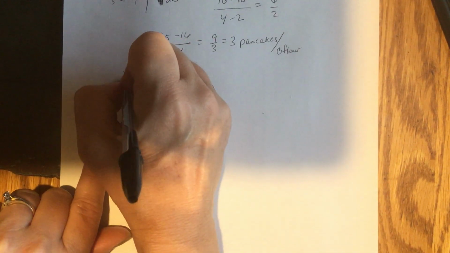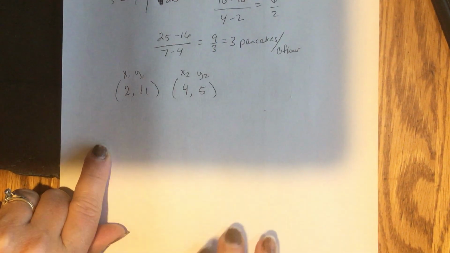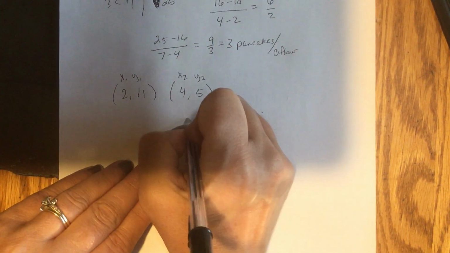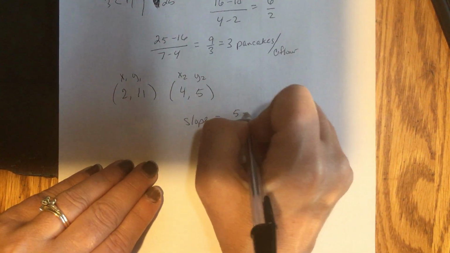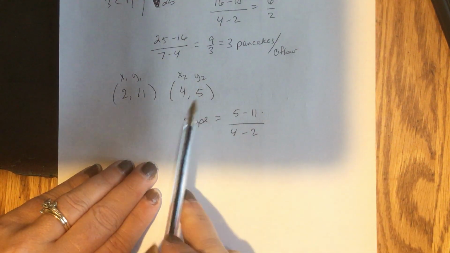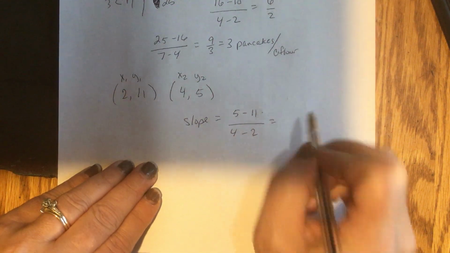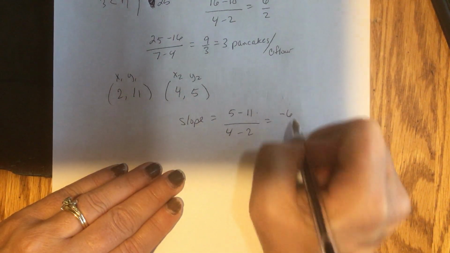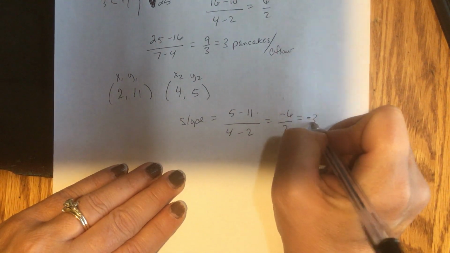So this is your x1, y1. This is your x2, y2. So your slope or your rate of change is 5 minus 11 over 4 minus 2. 5 minus 11 is negative 6. 4 minus 2 is 2. So here I get a negative 3.